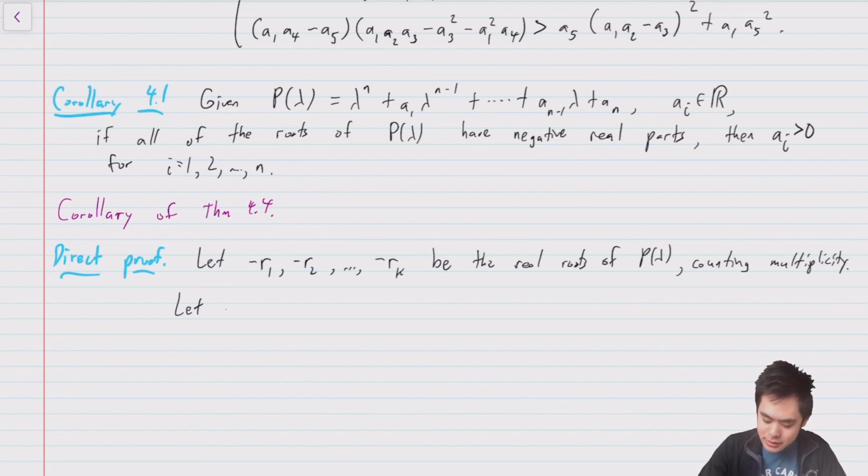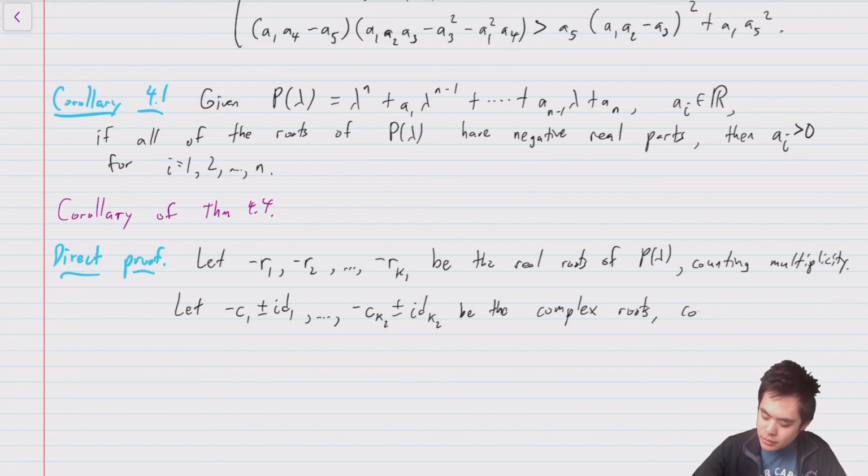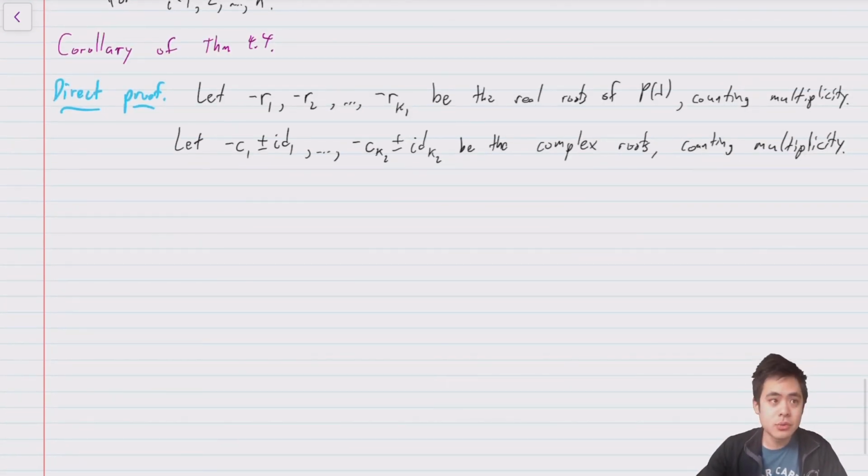And we're going to let minus c1 plus or minus i d1 through minus ck2 plus or minus i dk2 be the complex roots, counting multiplicity. Okay, so we're just listing out all of them, and we have the c's, d's, and r's are all real numbers, of course.